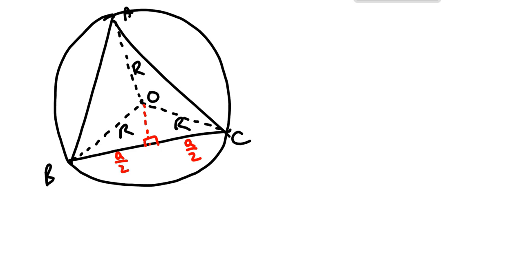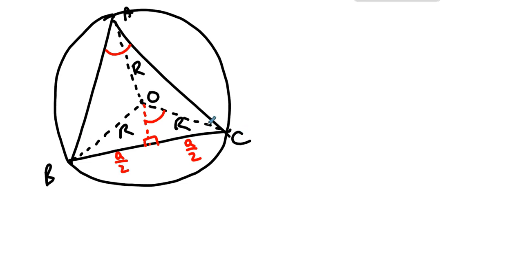Now, here's where the mathematical sleight of hand, or should I say the mathemagical sleight of hand, happens. This is angle A. I argue that angle A also appears right there. This is an inscribed angle on arc BC.